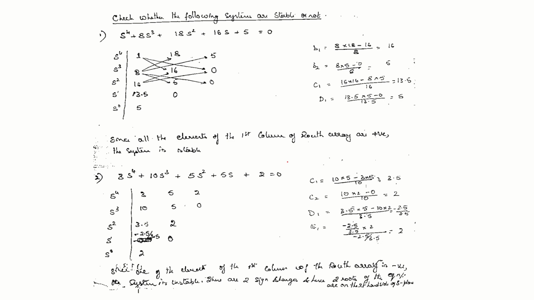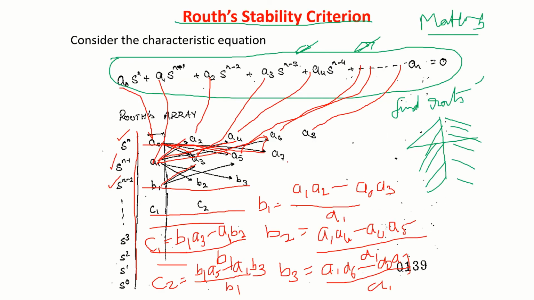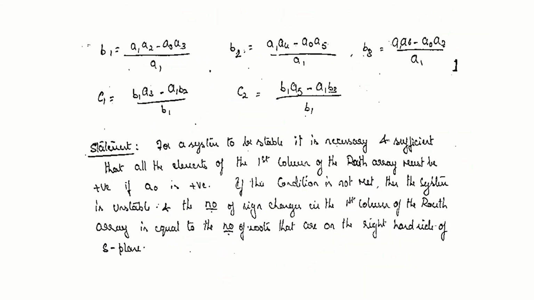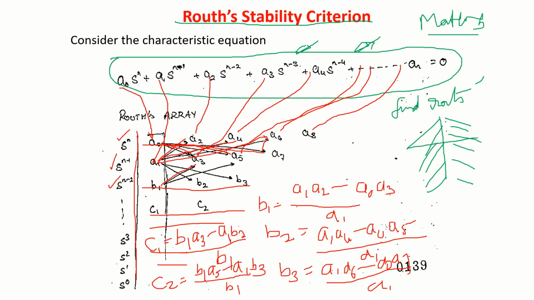Okay, like this. This you call it as a Routh array.